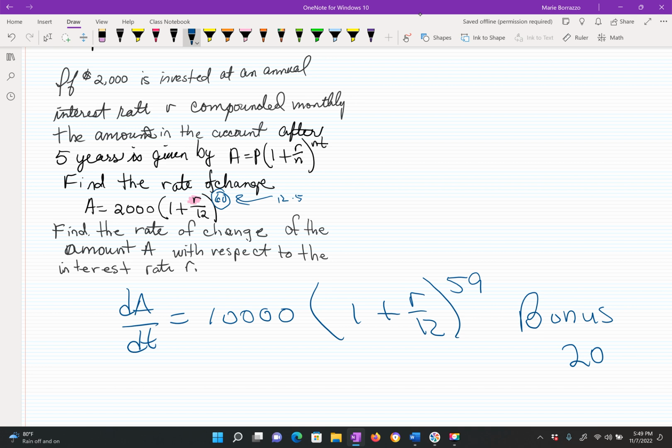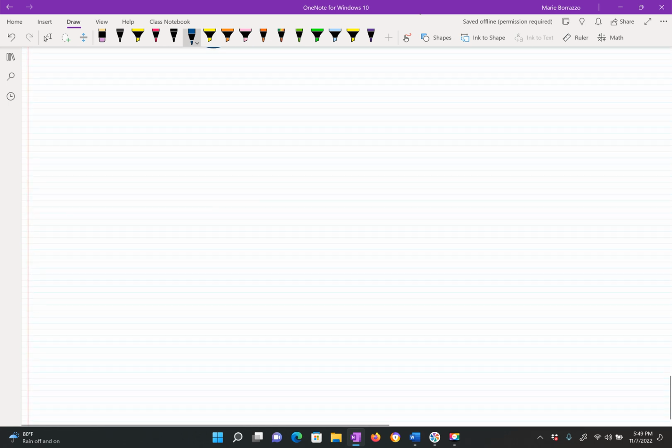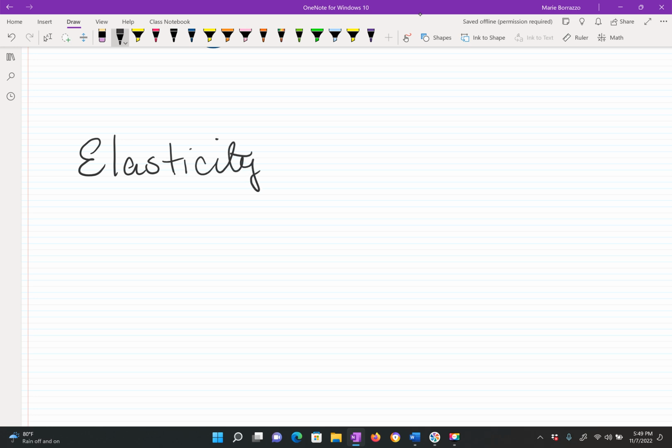Okay, let's continue forward. The next question that I have for you has to do again with elasticity. Another elasticity question. And they're giving us a demand function Q equal to $570 minus 8P.